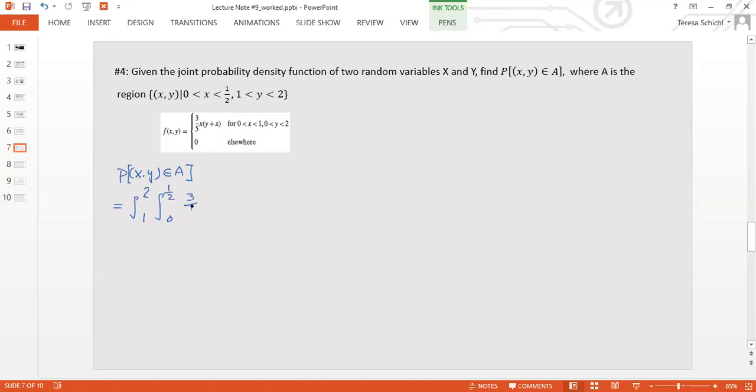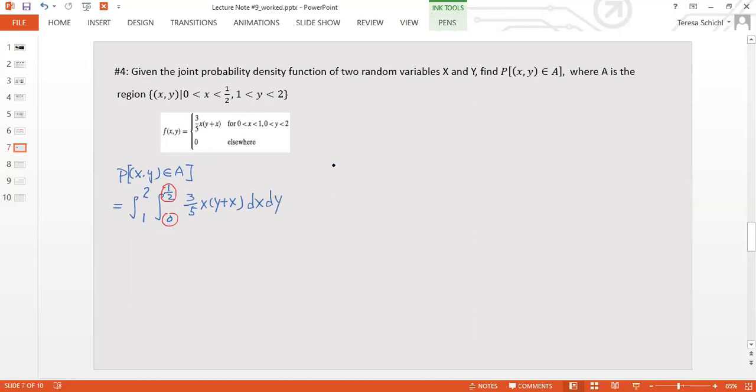And this is 3/5 times xy plus x, because this is the x region. So what do you need to integrate here? The first layer, you integrate dx and then dy.